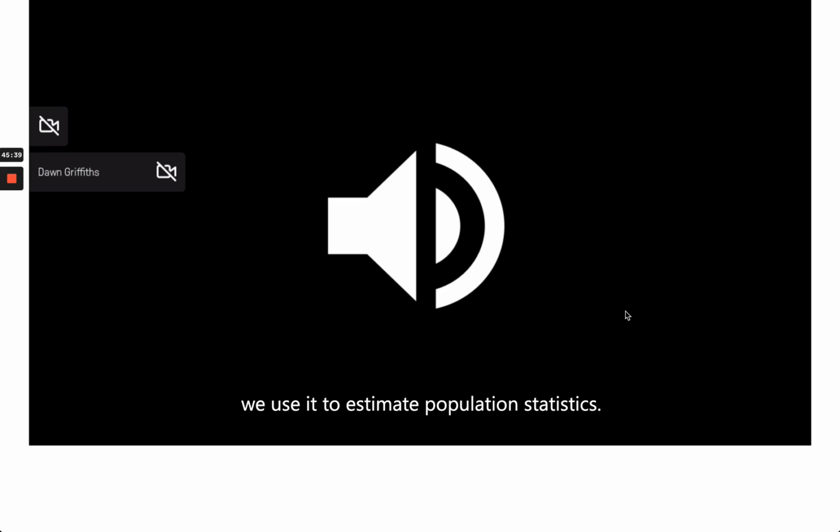What we can do is use the sample to make some educated guesses, and we can use the sample mean as an estimate for the population mean, and we can use the sample standard deviation as an estimate for the population standard deviation. Now, there's one catch. This works just so long as the sample is representative of the population.